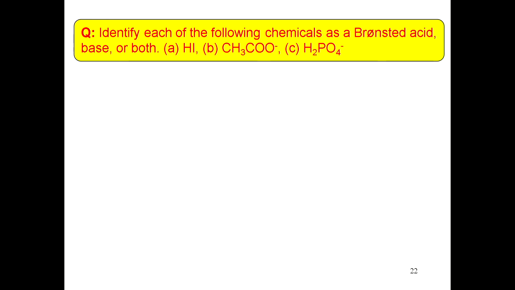Bronsted acid means proton donor, right? So which can release proton. So A is acid or base? Acid. B, base. Yeah, B is base because it can accept. And the C, both. Why?